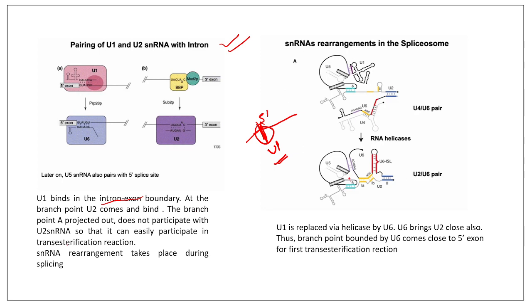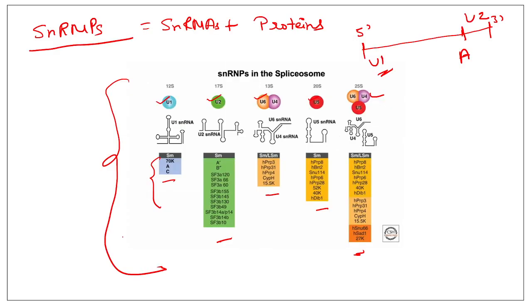The branch point A is projected out and does not participate with the U2 snRNA so that it can easily participate in the trans-esterification reaction. So basically what is happening?